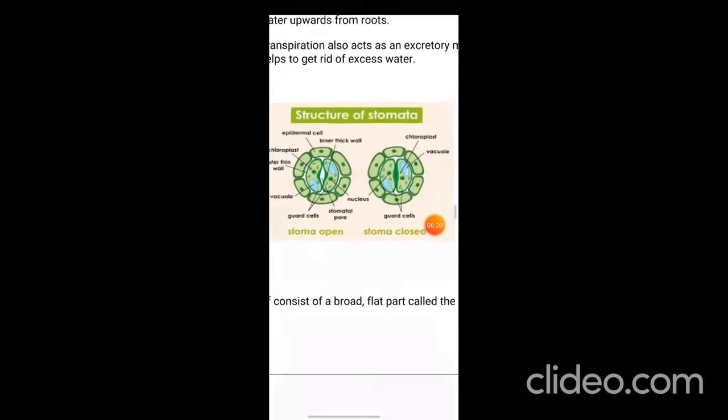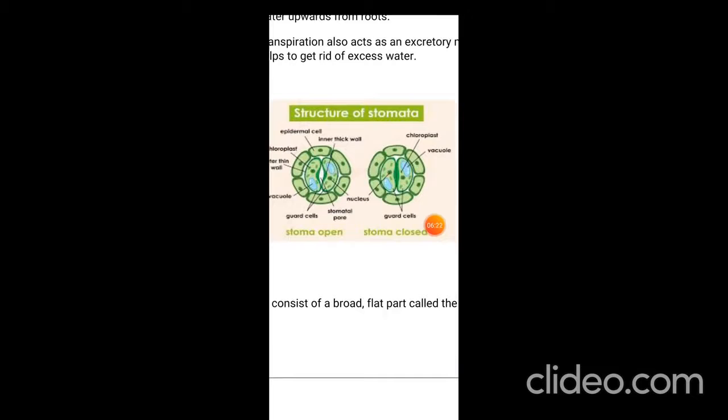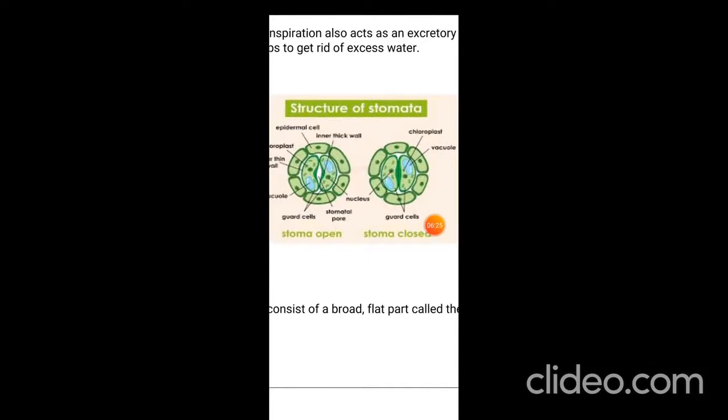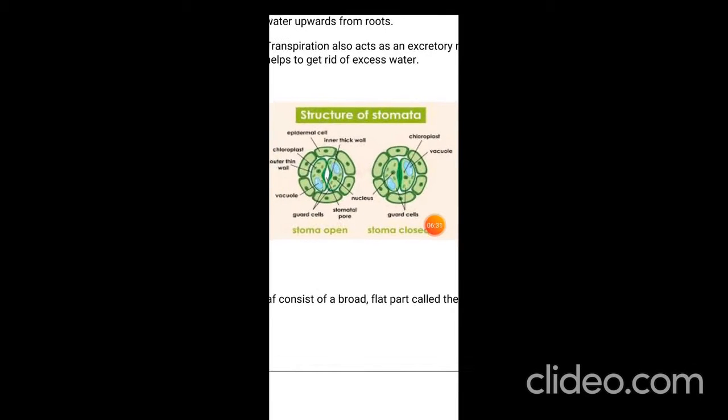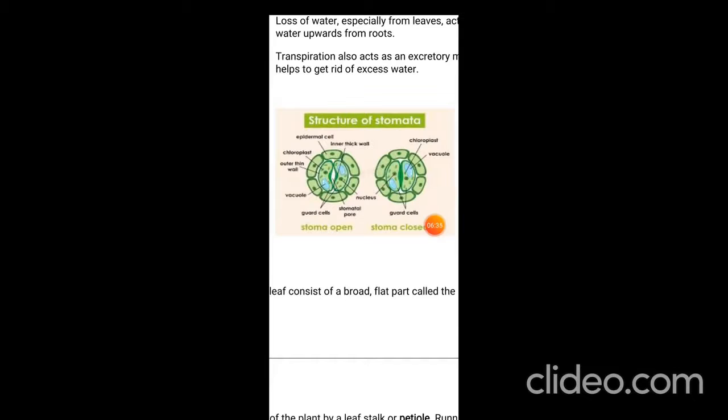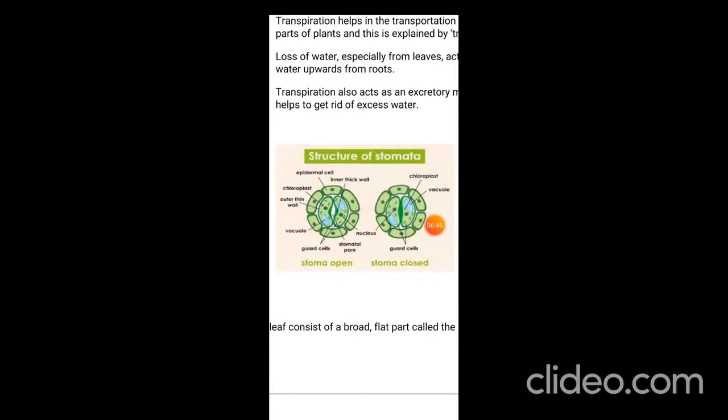So this is the main function of the guard cell. That means they will guard that particular stomatal pore, opening and closing according to the temperature and other external factors that are outside. And potassium is the ion which helps more in the opening and closing of the stomatal pores.